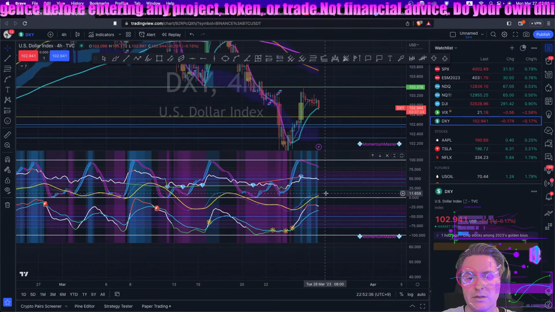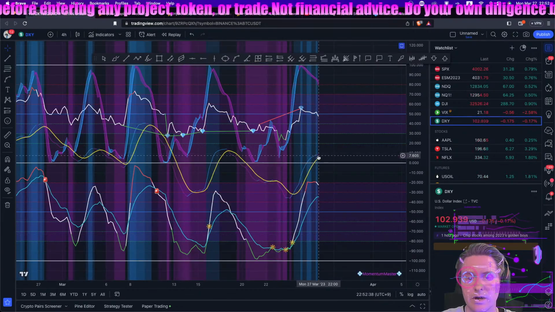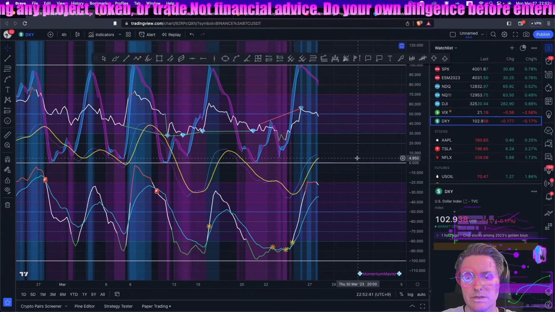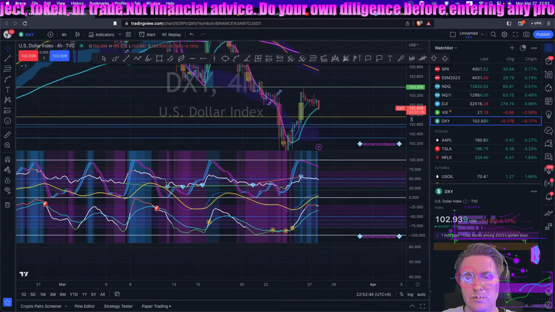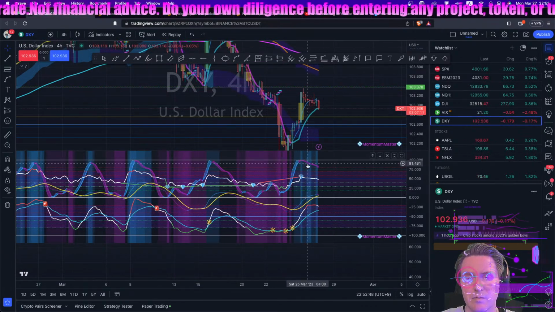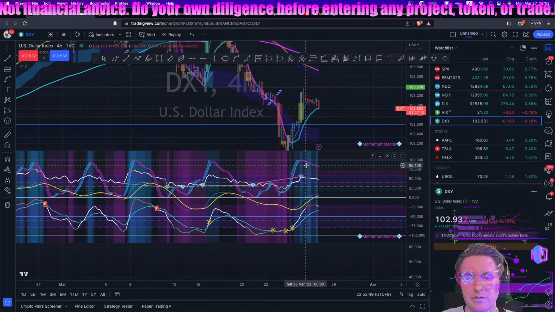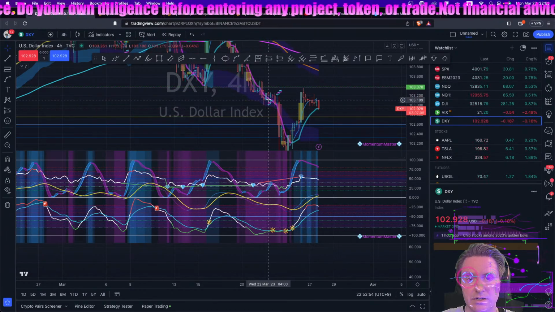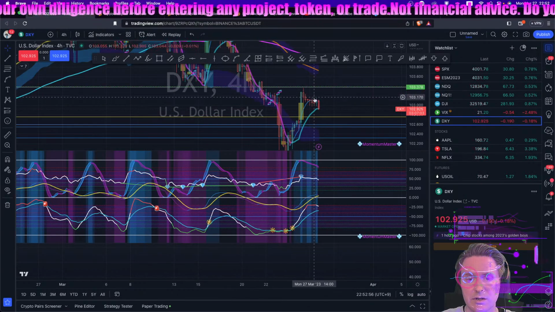MACD has not yet crossed down on the 4-hour, but it is pointed down. So unless you see this close in three hours in some sort of manner, it was previously overbought, so you're expecting the 4-hour to come down slightly anyway. You did get bearish divergence on the RSI, which is starting to play out.